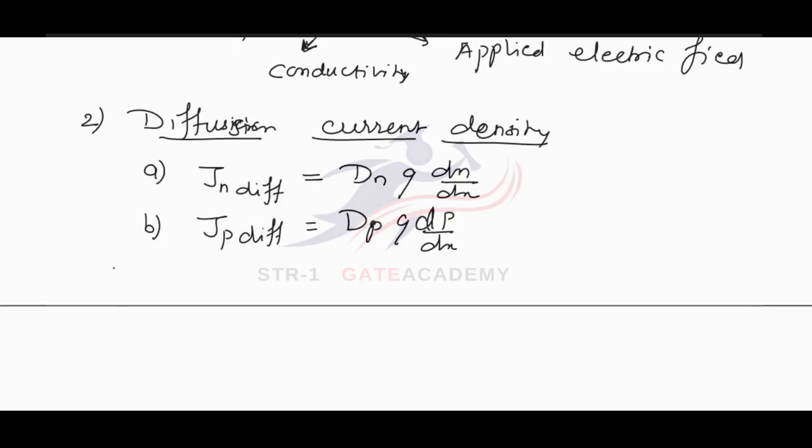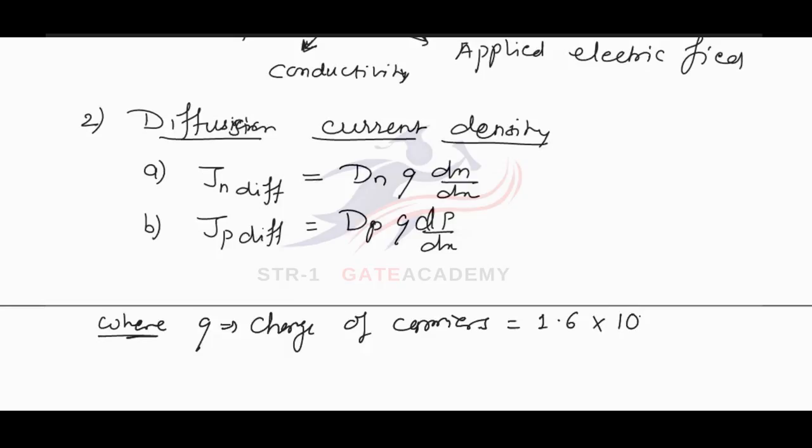where q is the charge of carriers and its value is 1.6 into 10 raised to power minus 19 coulomb.